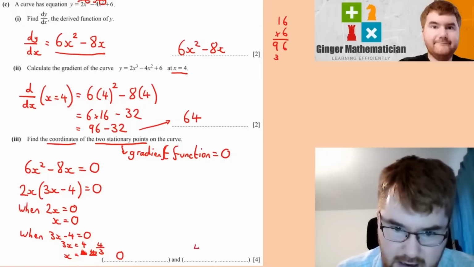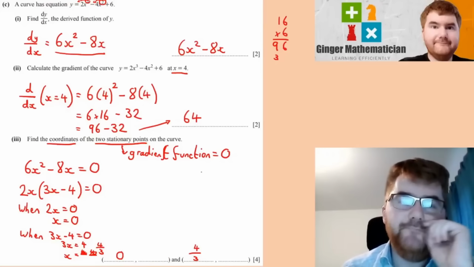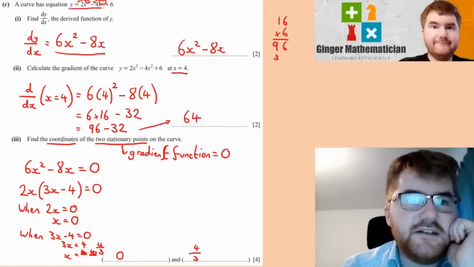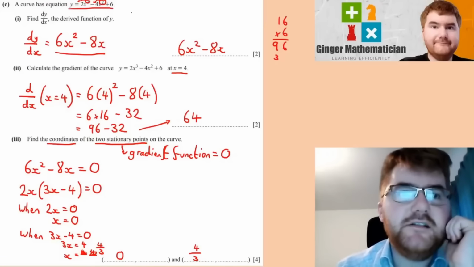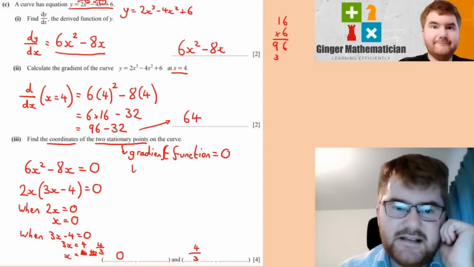So 0 and 4/3. And now we need to work out the y. So we need to take our function right up here. So this is equal to y equals 2x cubed minus 4x squared plus 6. And now we need to replace the x in here with these values of 0 and 4/3. So let's start with 0.